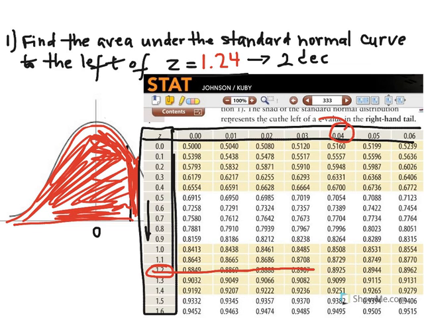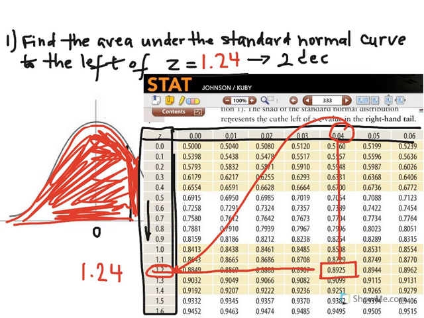So this 4 comes right over here and makes 1.24. When the row matches with the column cell, we have our area.